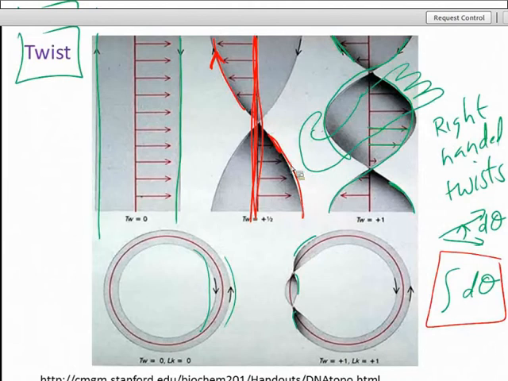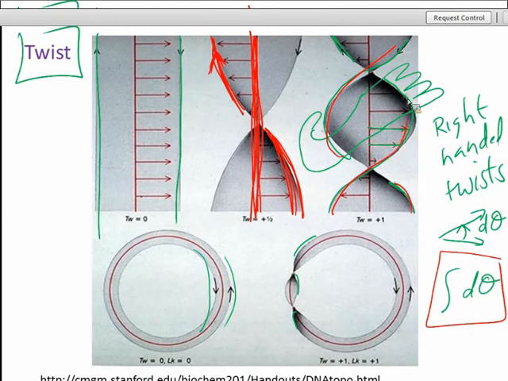We take the twist of one of the phosphate backbones across the center line, and that's the twist we're looking at, not the twist of the two backbones about each other. Mathematically there is a difference, so we're doing it about this center line.